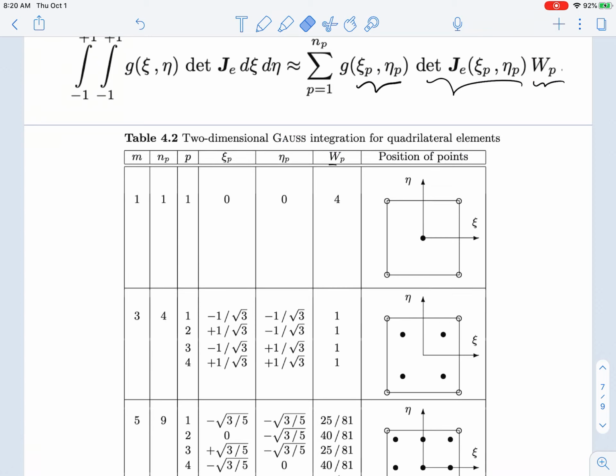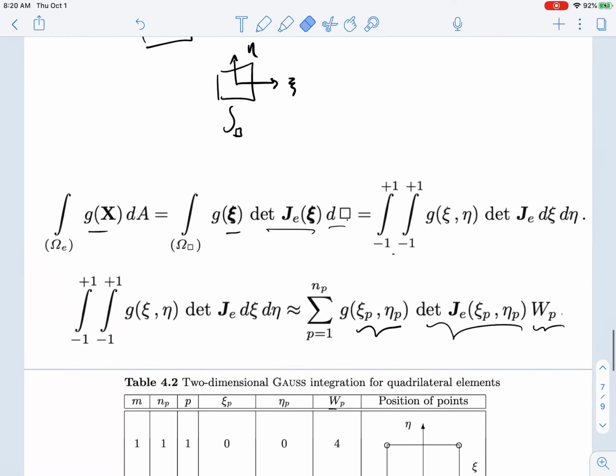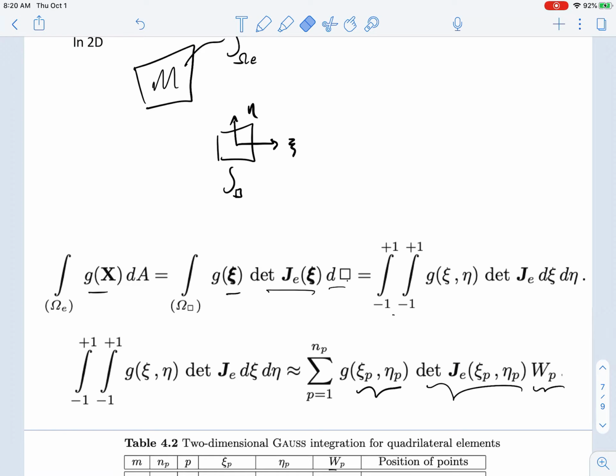So if you have linear quadrilaterals, then you need 4 points. A linear will have m equals 2, because it will be like x to the 0 power and to the first power. So m equals 1 is just a constant. Does that make sense?